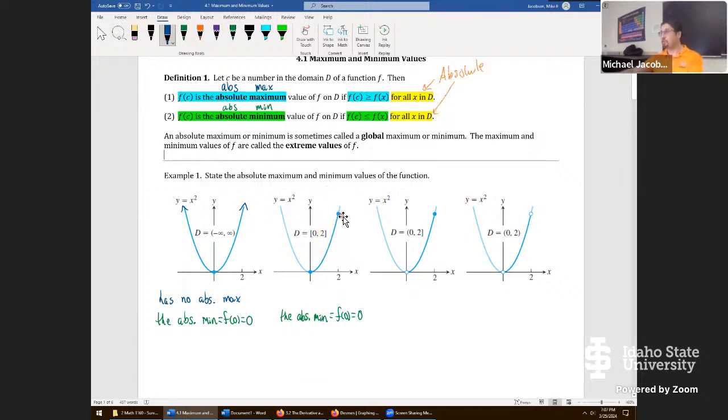That means when we go to the right, and we can only go to the right on the solid portion here, there's a value that's larger than everything else, and it's this one, the value of 4. So we can say the absolute max equals f of 2, which is equal to 4 on this one.